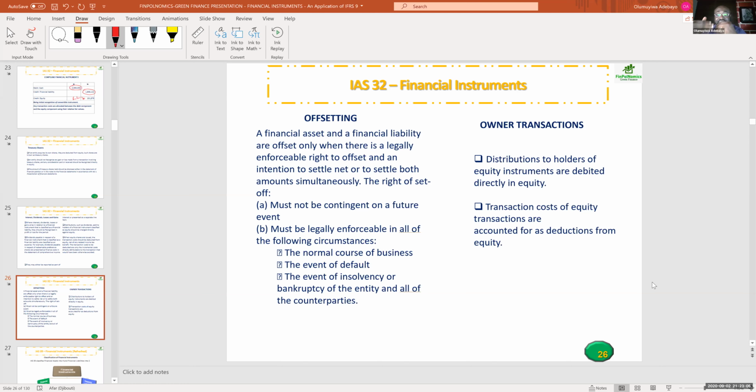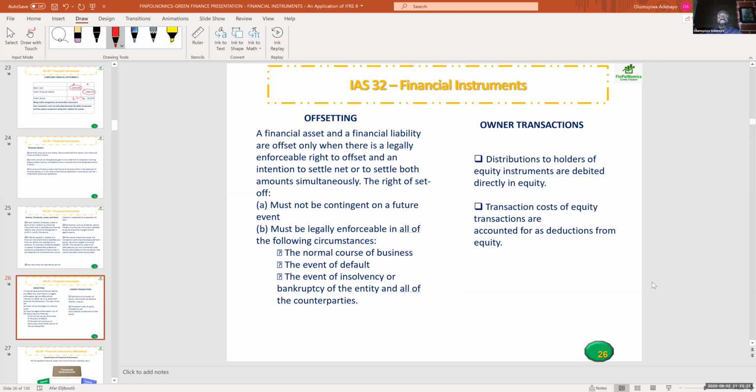And all of our discussion from the beginning of this section is strictly with reference to IAS 32 financial instruments.